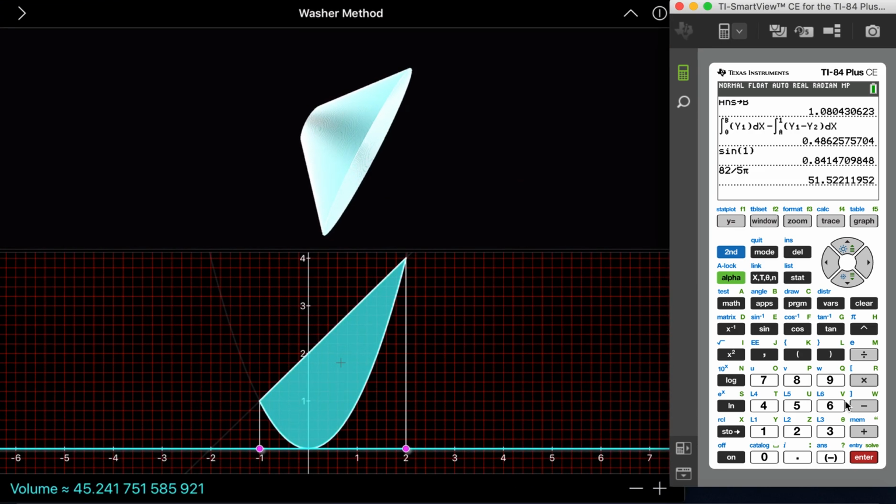And this is telling me it's 45.24. And it doesn't look like it's getting any bigger the more discs we add, right? That's as high as it goes.